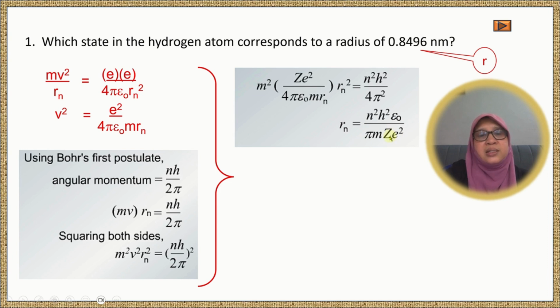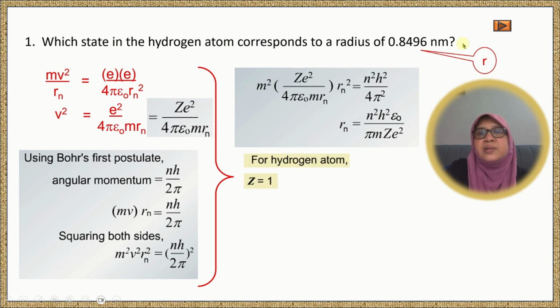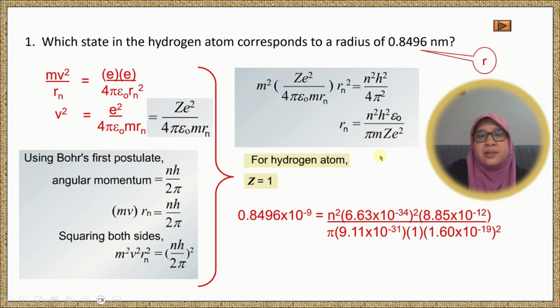Z is the atomic number. For the hydrogen atom, Z equals 1, so we can substitute 1 into the equation here. Then n is what the question asks for, the state, so n squared.